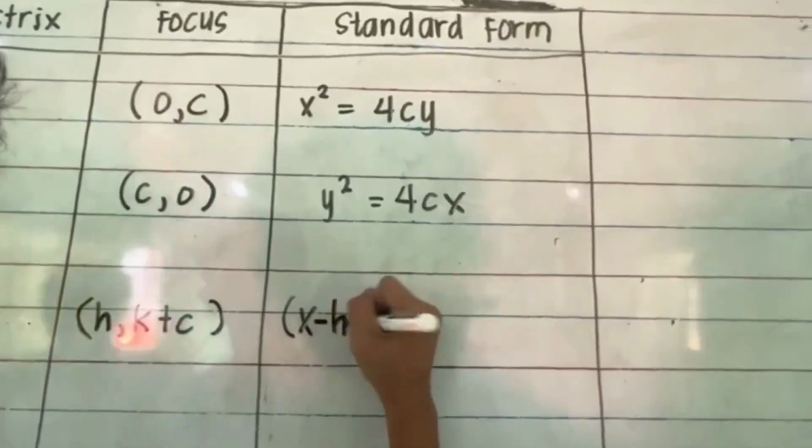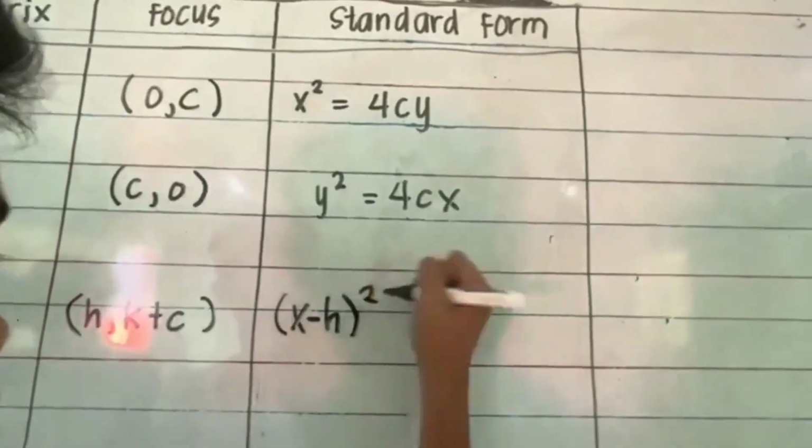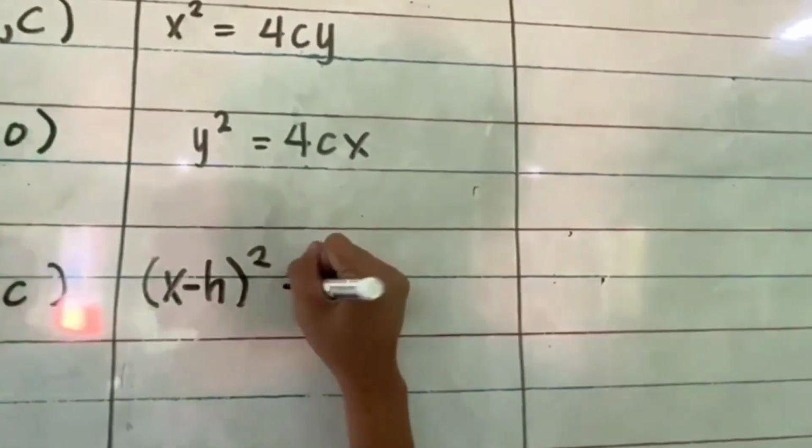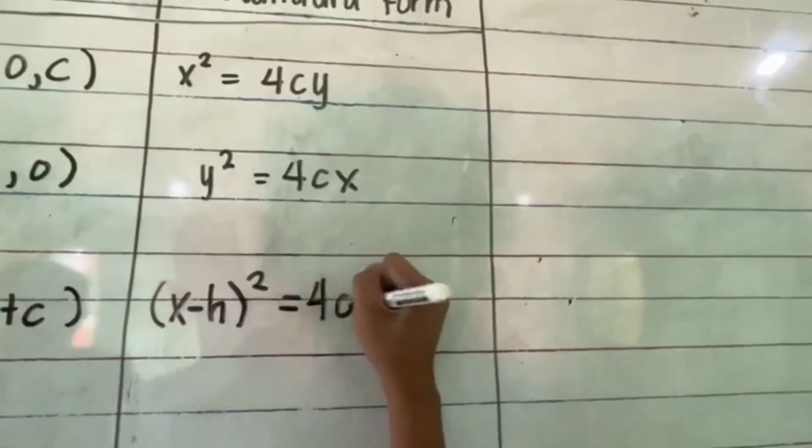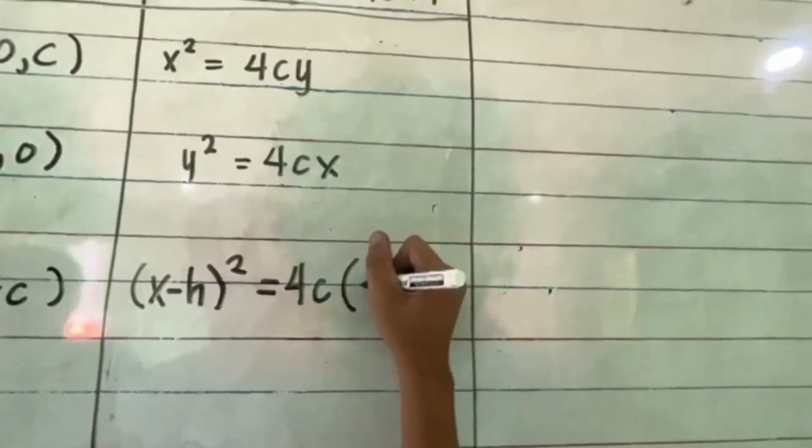And its standard form, (x minus h) squared equals 4c times (y minus k).